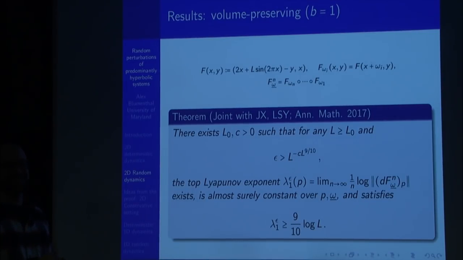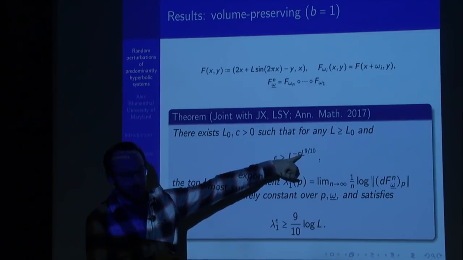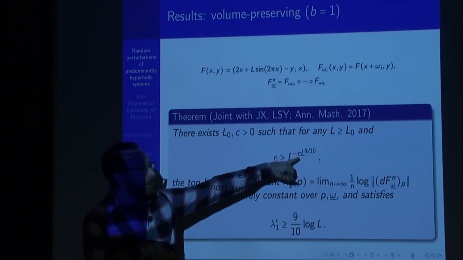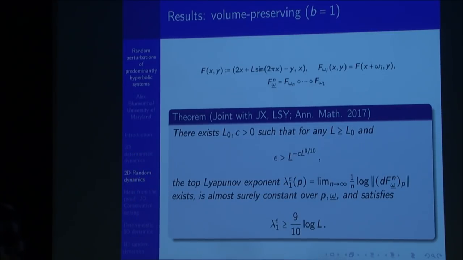I have no idea. I'll tell you that L to the negative L is what we get in the proof. I don't really know if this result is sharp. It's hard to simulate in the regime where this theorem is valid.